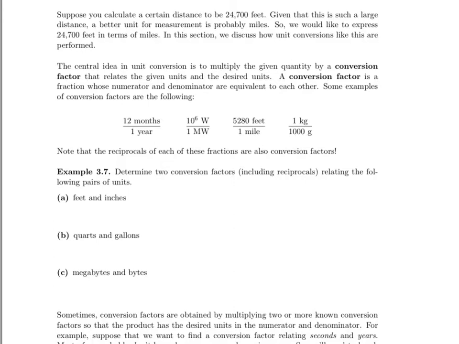So one way of writing the conversion factor is to say that we have 12 inches per 1 foot, written in fraction form this way, so the numerator and denominator are equivalent. And I can also write the reciprocal, 1 foot per 12 inches.